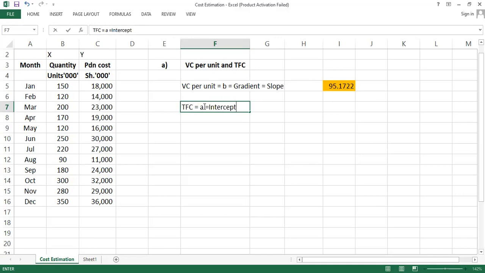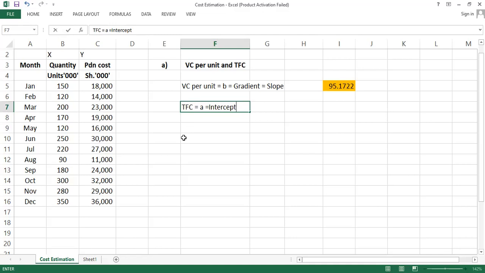In other words, if this data is plotted on a graph, you'll realize that the function for the total cost will not start at 0. It will normally start at a cost above 0. Why? Because the fixed cost can never be 0. Variable cost can be 0, but the fixed cost is never 0.